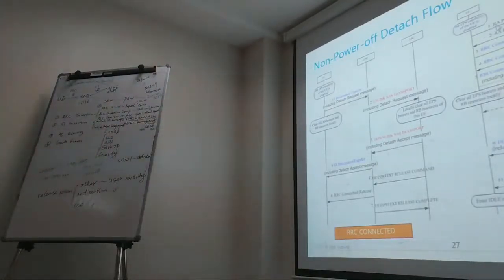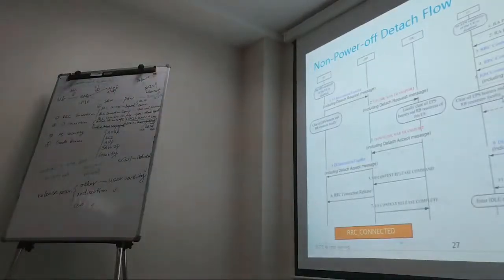We use the random access procedure and RRC connection procedure to guarantee the RRC connection is normal, and we use SRB1 to transmit the detach request. So this procedure has the RRC connection, but there is no bearer. We don't recover the bearer.